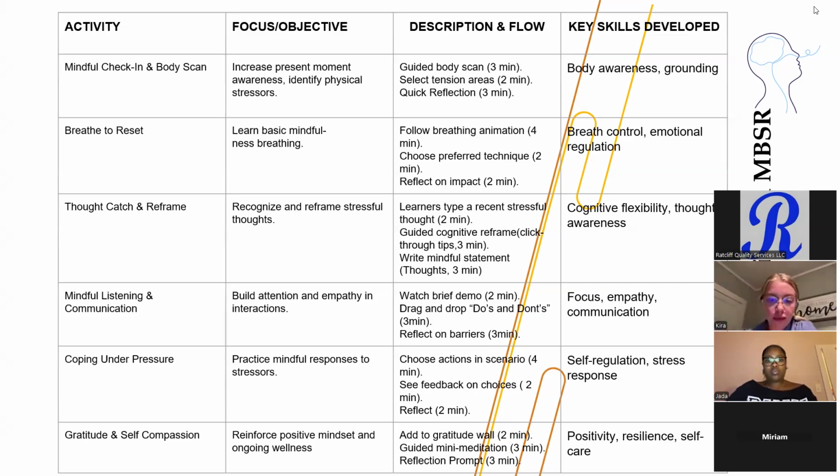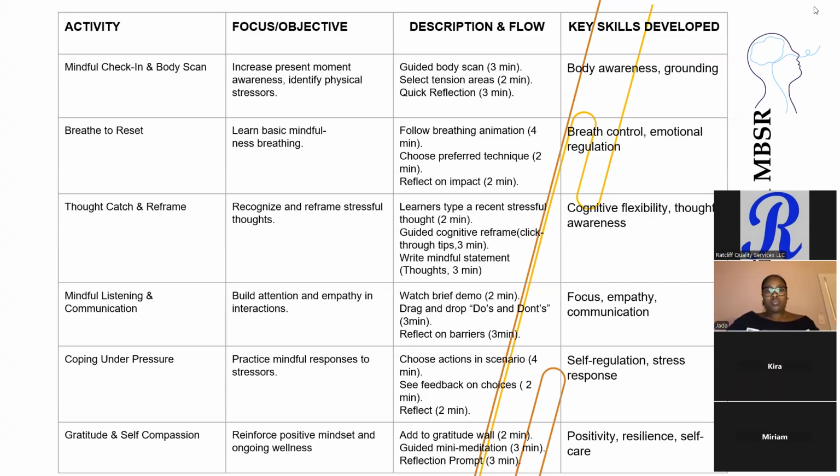Choose preferred techniques. You're going to have this for 2 minutes, and you're going to be able to select whether you want to breathe or whether you just want to. Some people do, what is it, like stemming, like they stem differently. So that's another technique that you could choose. Reflect on the impact, and this will be done for 2 minutes.